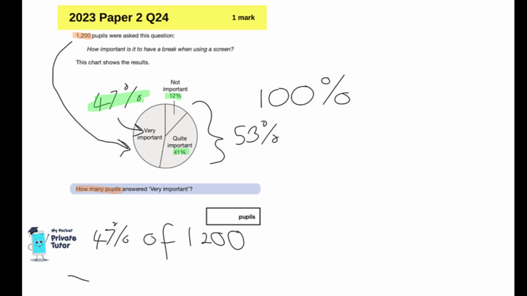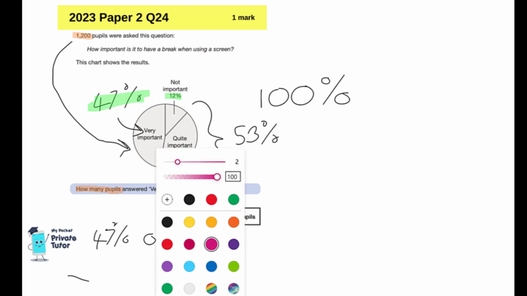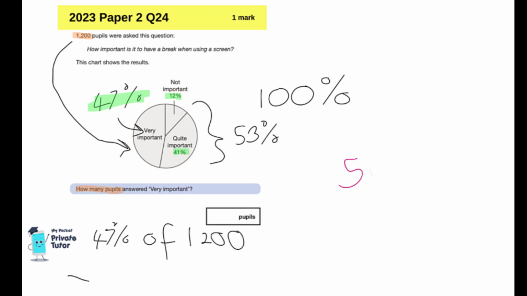So I'm just going to go through a quick way to solve this now, and I'm going to do 40% of 1200 plus 7% of 1200. So I'm actually going to find 50% of 1200 and then subtract 3% of 1200. So I'm just going to do it in a different colour. So I know that 50% of 1,200 is 600.